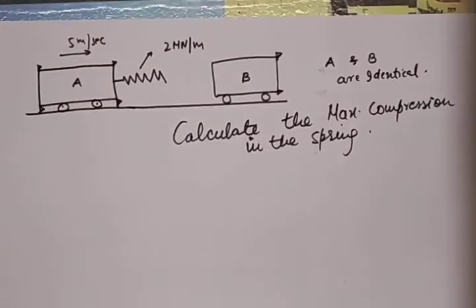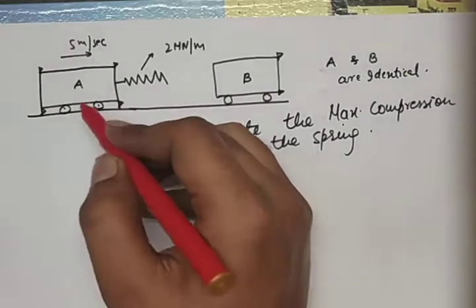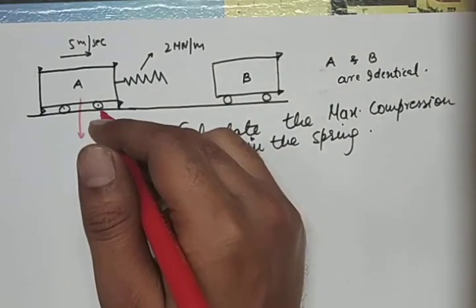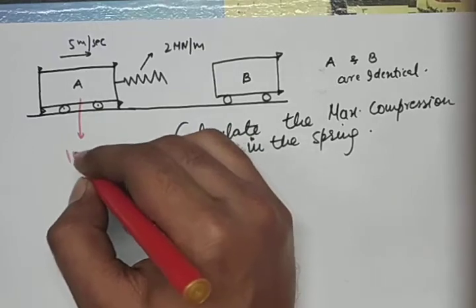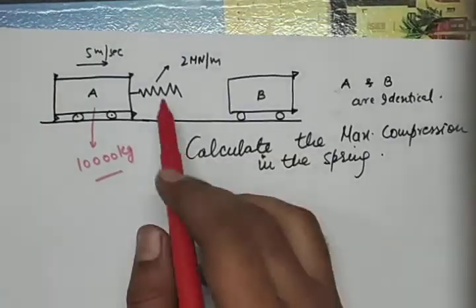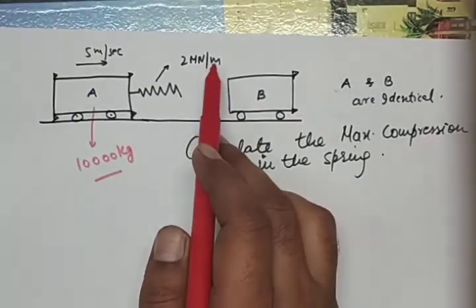Next question, let's do a 5 mark question in GATE. It is a brilliant question. Let's discuss this question. This is a wagon having weight 10,000 kg. This is a spring having spring constant 2 meganewton per meter.